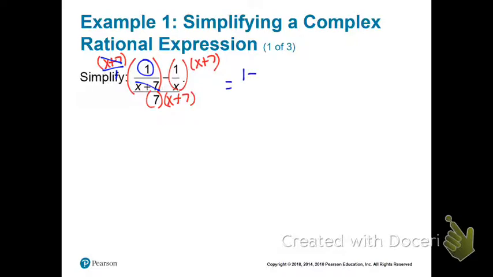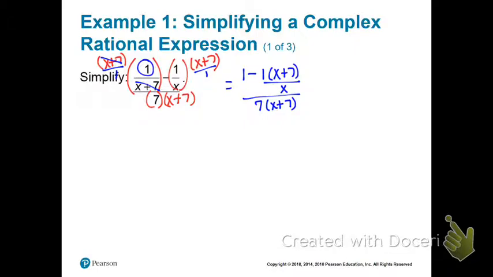Then we have our minus sign. Right here, I can't cancel anything, so on top I have 1 times the x plus 7, and that's over the x. And then in the denominator, those are just being multiplied, so I just got 7 times x plus 7. But I'm not done yet because I still have a fraction.